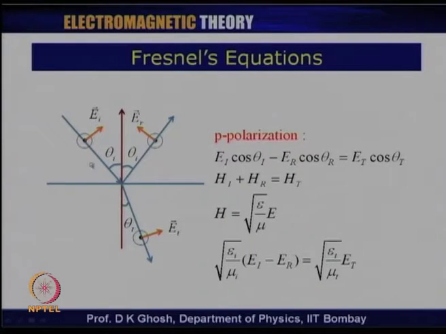What I have done is to draw a direction which is perpendicular to the incident direction, and obviously, the magnetic field direction then will be perpendicular to both the electric field direction and the propagation direction. Since the electric field, magnetic field and the direction of propagation turn out to be a right-handed triad system, corresponding to this, the direction of the magnetic field is coming out of the plane of the paper.